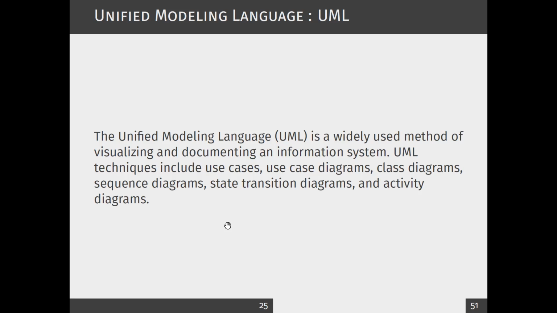Now, for example, when we are going to implement the system, we are going to talk about what we call use cases, which means the use case diagram represents how users interact with the information system. Then based on these use cases, we create class diagrams.